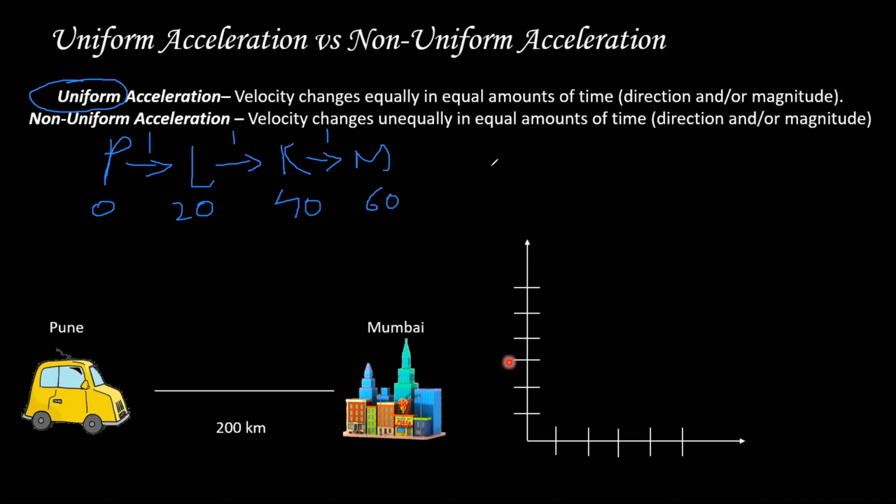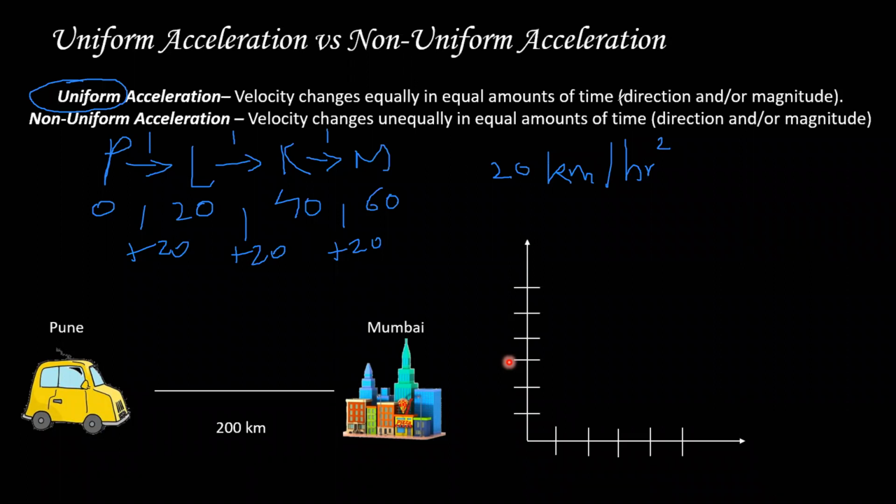My acceleration is 20 kilometers per hour square. It is changing uniformly. Here it is plus 20, here it is again plus 20, and here it is again plus 20. So that's why I would say it is uniform acceleration.